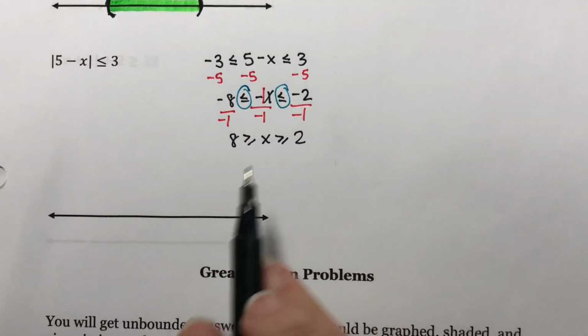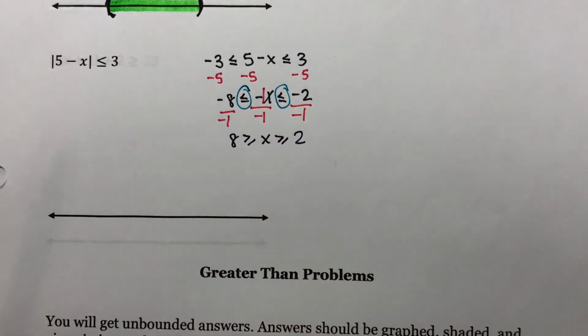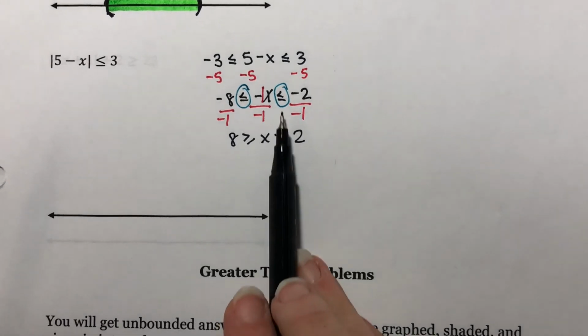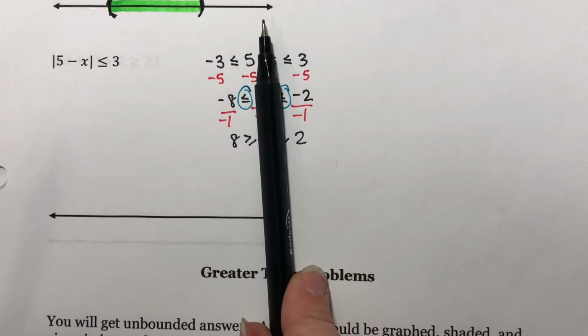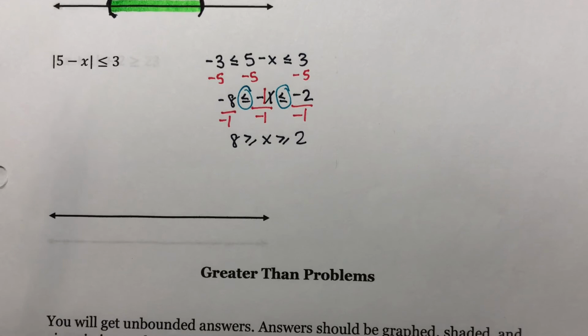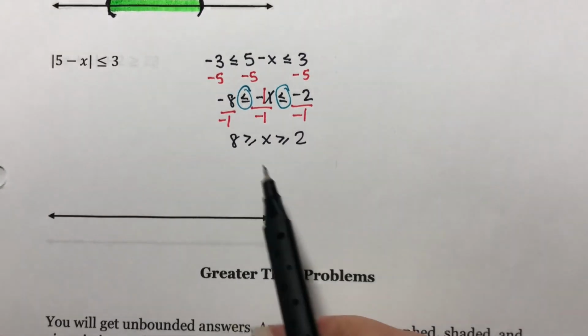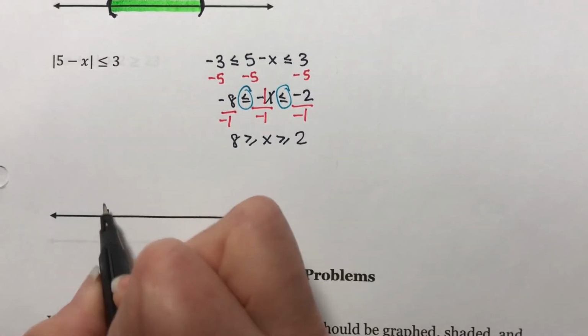Now, if you had not flipped your signs, one way you can keep in mind whether or not you're supposed to flip it, I can cover up the middle and one of the signs, and it should be true. See, 8 is greater than or equal to 2. It is true. If I had not flipped the signs, I would have 8 less than 2, which is absolutely not. Okay? The numbers I have to see on here are 2 and 8.